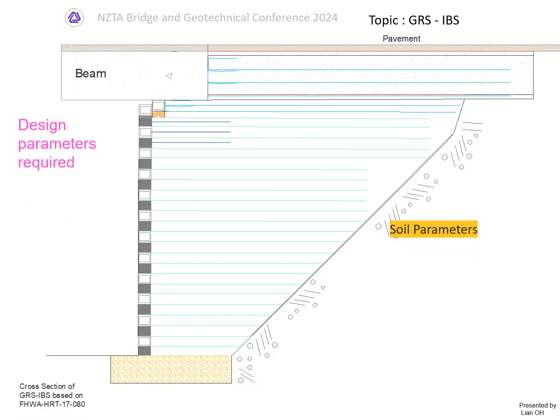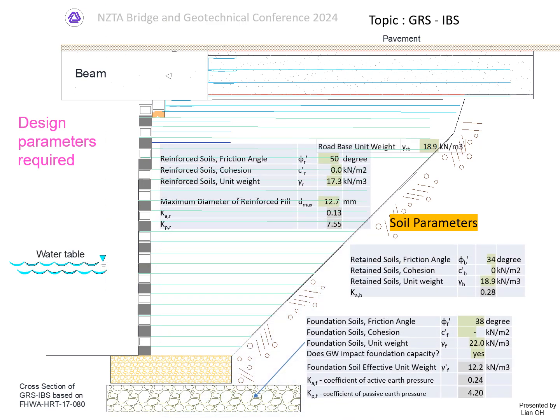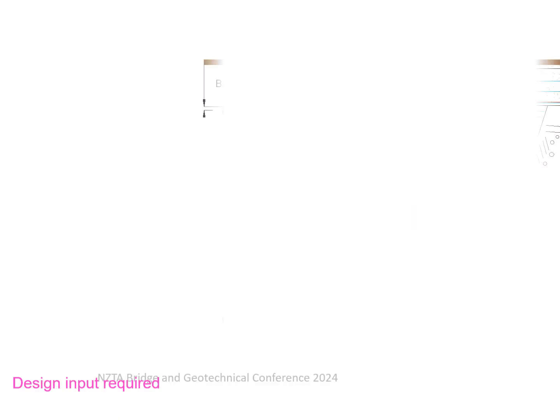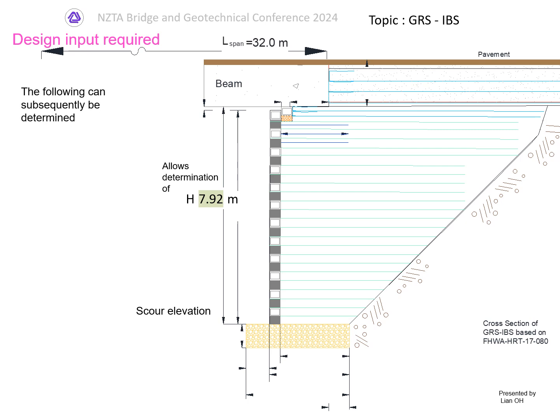The design requires soil parameters for the foundation soil, retained soil, reinforced soil, load bearing unit weight, and reinforced soil foundation. The design information required includes the scour elevations, the height of the abutment, and the span length of the bridge, which allows further information to be obtained.